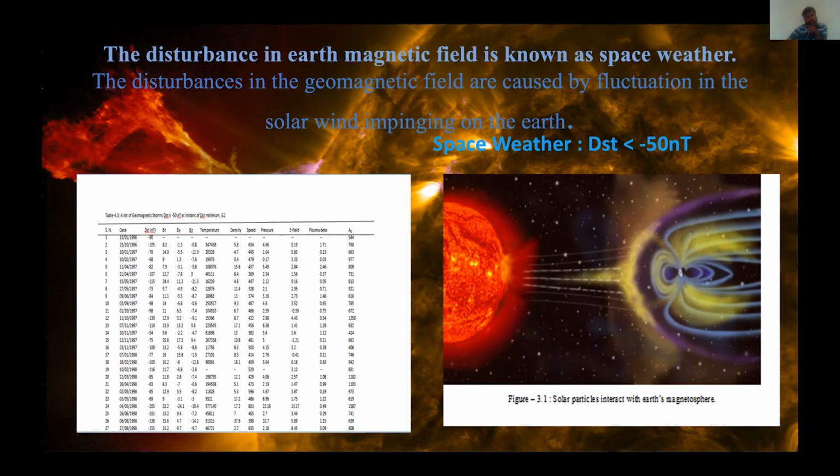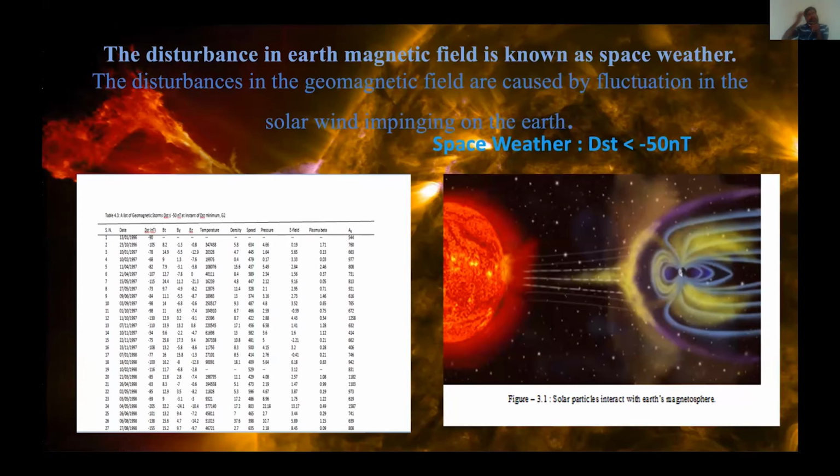For this purpose, we collected data from the OMNIWeb website, and we take all the solar wind parameters and interplanetary magnetic field parameters along with geomagnetic indices like Kp, Ap, and Dst.